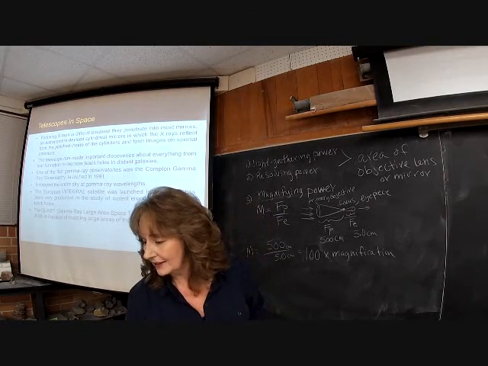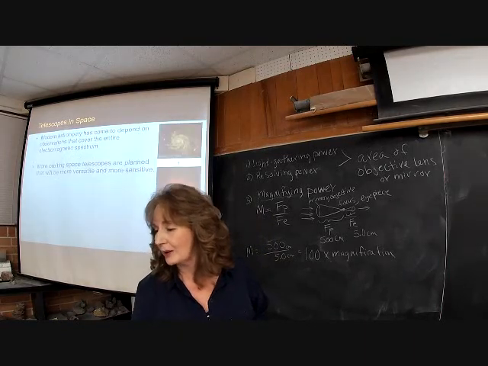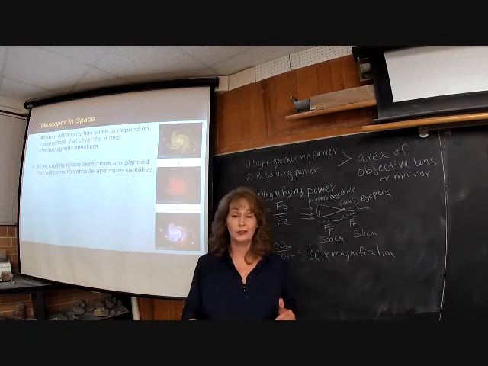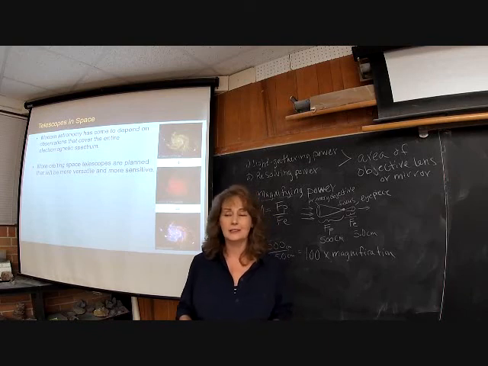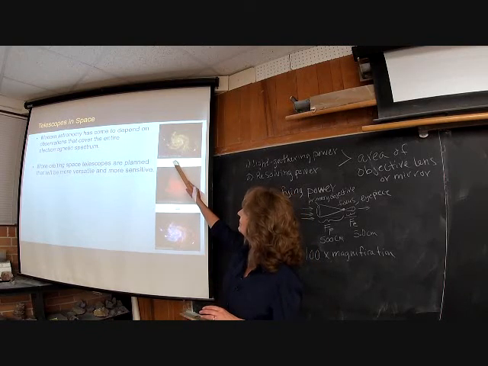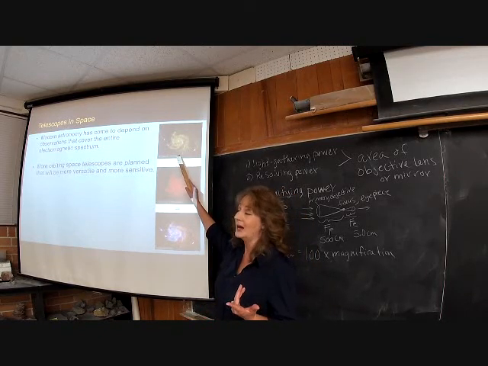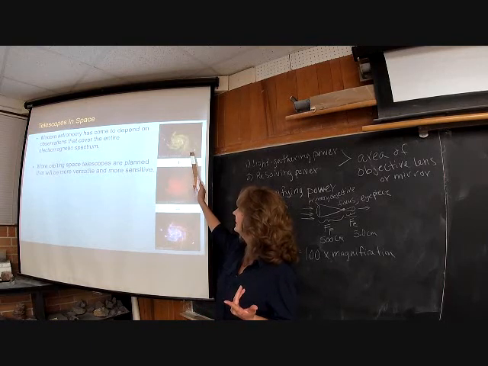Let's see, and there are some others that they talk about. But another interesting thing that they do is combine these various types of telescopes. So the Hubble is a visible light spectrum kind of thing.